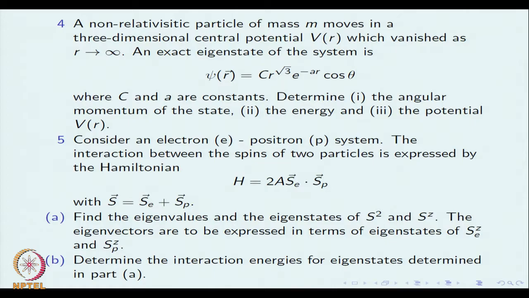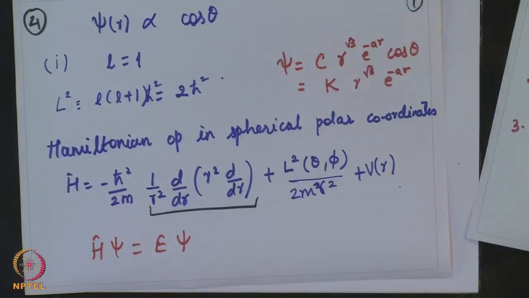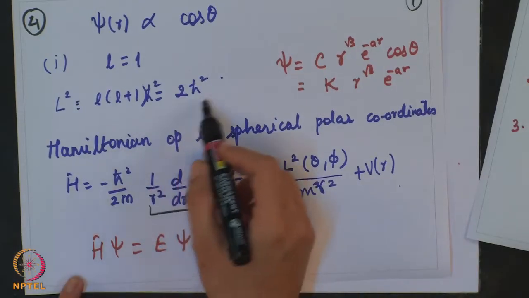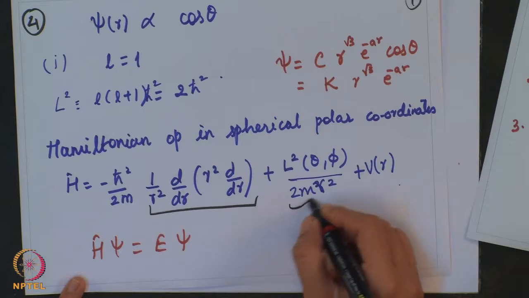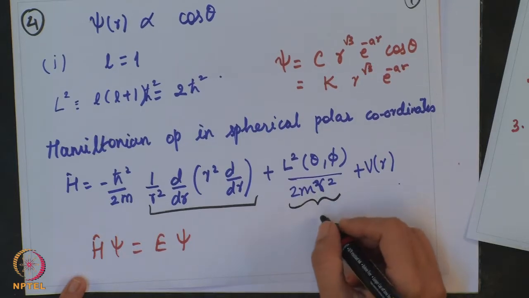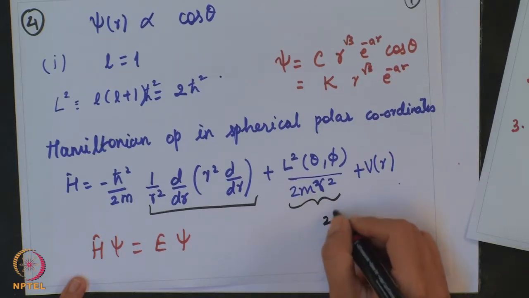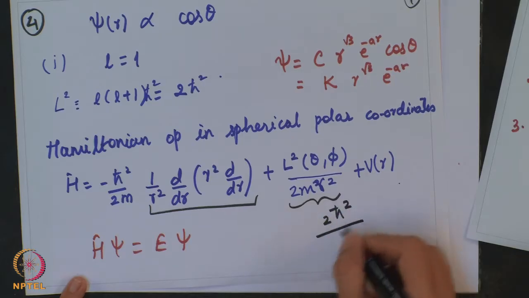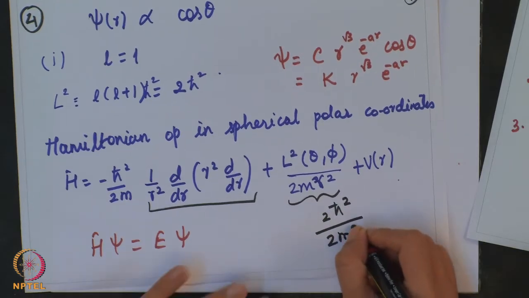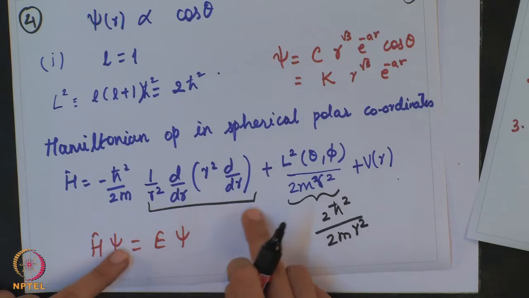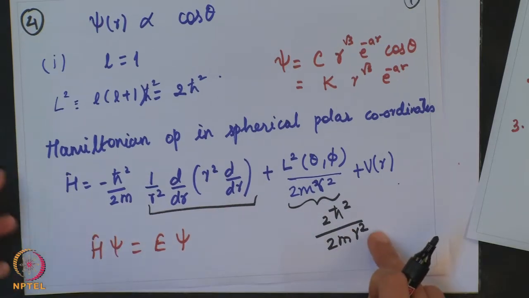Your L square, as I told you before, is 2h cross square. So, this term would turn out to be 2h cross square upon 2m r square. You will substitute for this using point 1 and 2 and this here.